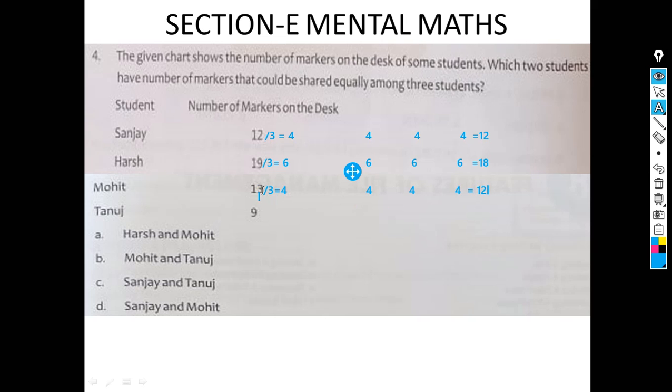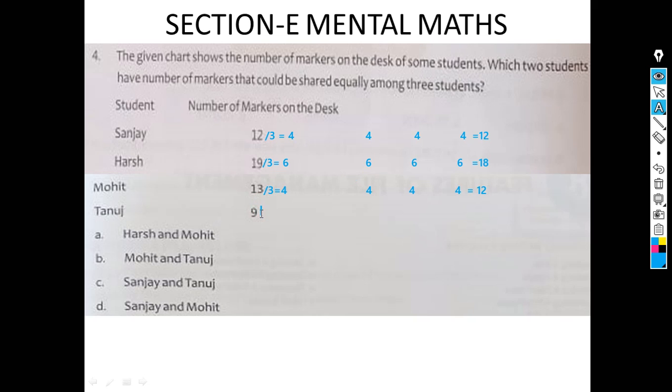But if we look at the total markers that Mohit has, it is 13, so one marker is still left. This means that one of the students will get 5 markers. So again Mohit is not our required answer, because Mohit is unable to distribute or share the 13 markers equally among the 3 students.